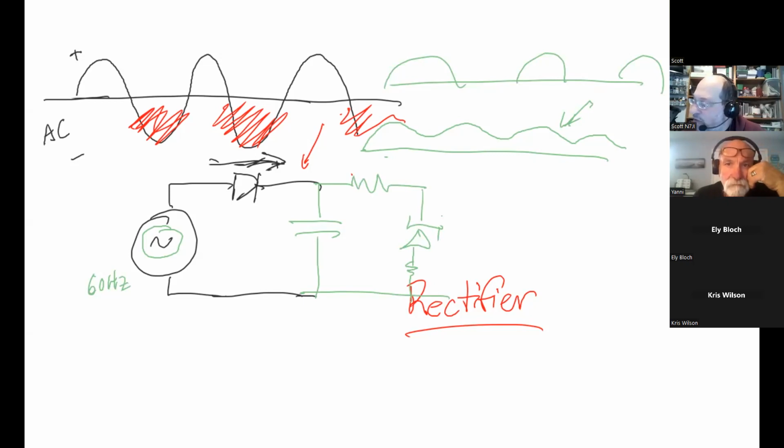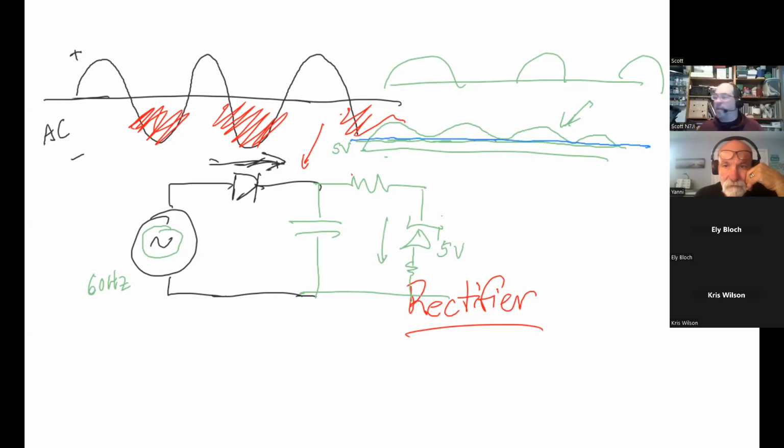So let's say this line here is 5 volts, and this Zener diode is rated at 5 volts. It basically says if there's anything higher than 5 volts, I'm just going to turn on and dump it to ground. So the end result of what comes out of this power supply looks like that.